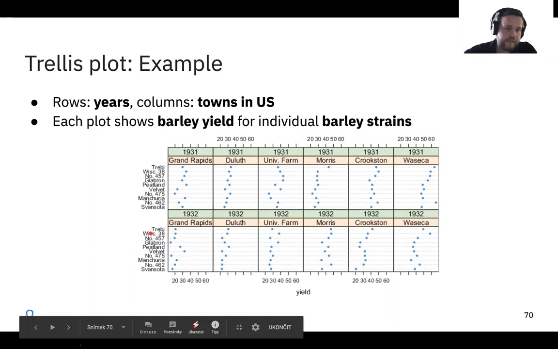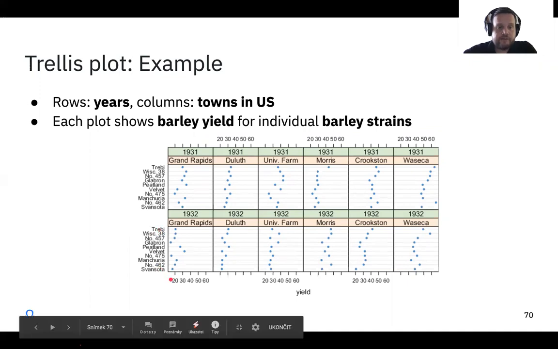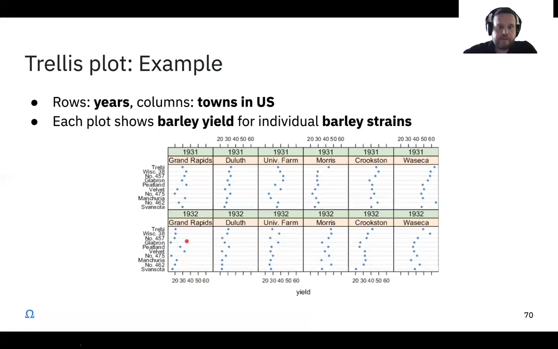So it's kind of like this bar-ish scatter plot. Here are the strains of barley, here is the yield, and each of these plots in this row is the year 1932 in various towns of the US, and this is the same for different years.